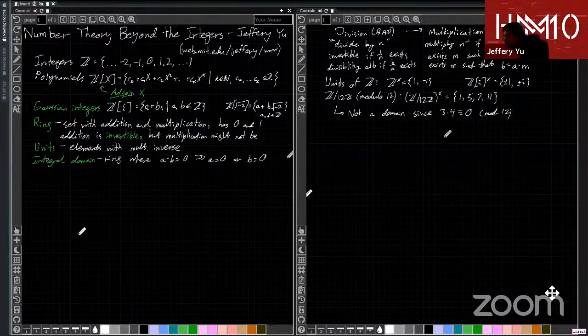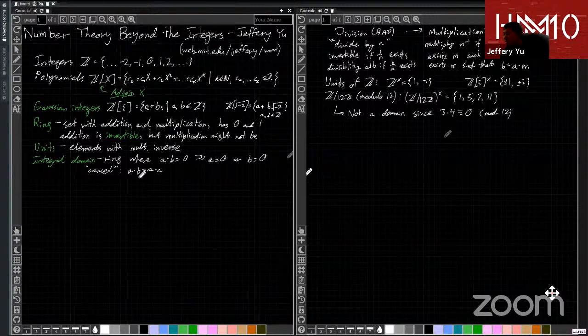What I want to mention about integral domains is that there exists some kind of cancellation property. You can cancel stuff. In particular, if a times b is a times c, then you can cancel a from both sides. But it's important that we get this right.